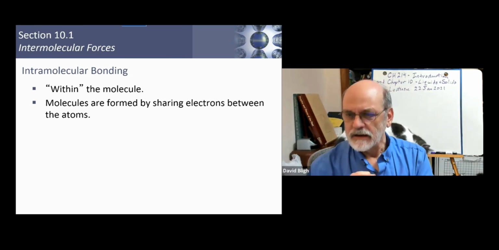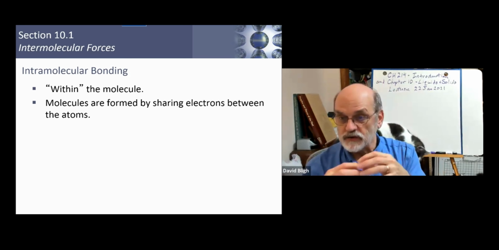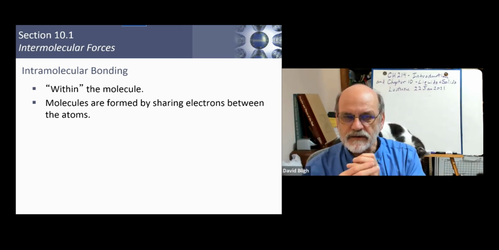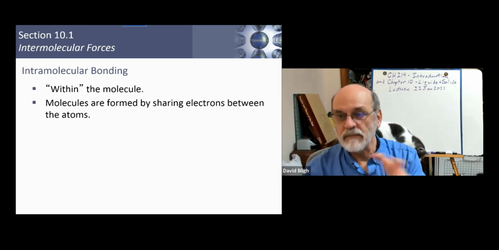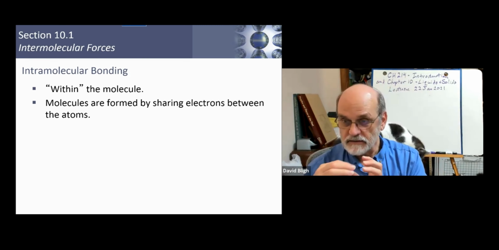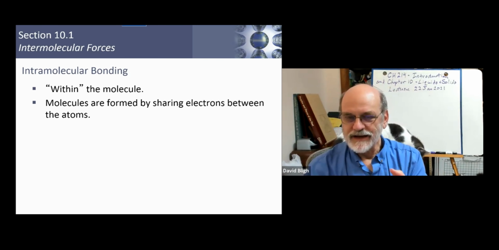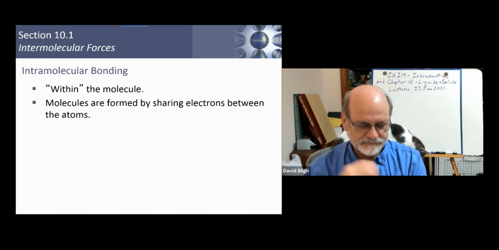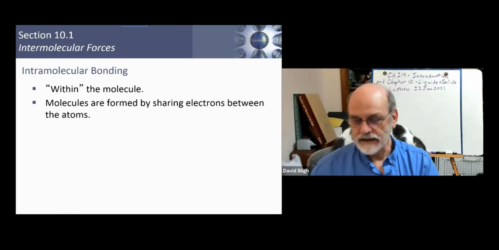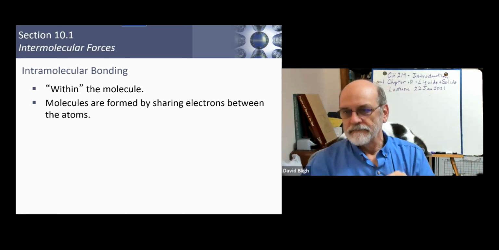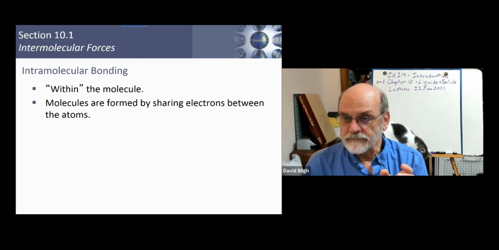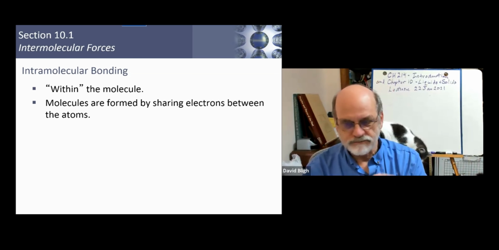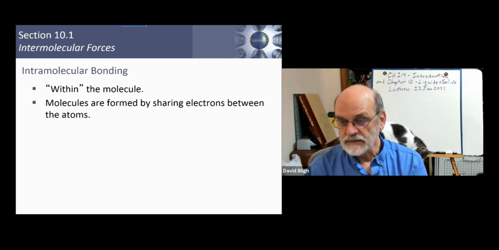So now, those were bonds inside the molecules, holding the atoms together. Now what we're going to look at is bonding between molecules, because contrary to the kinetic molecular theory, these molecules are not just billiard balls bouncing off each other.